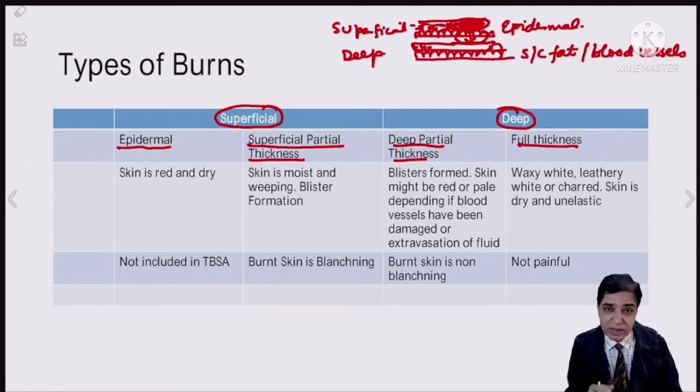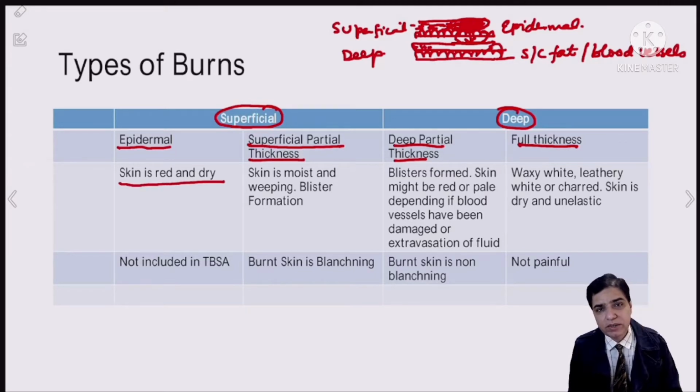So what are the characteristics of these different types of burns? If the burn is just confined to the superficial epidermal layer and it's not going down, then that burn is usually very red and dry.